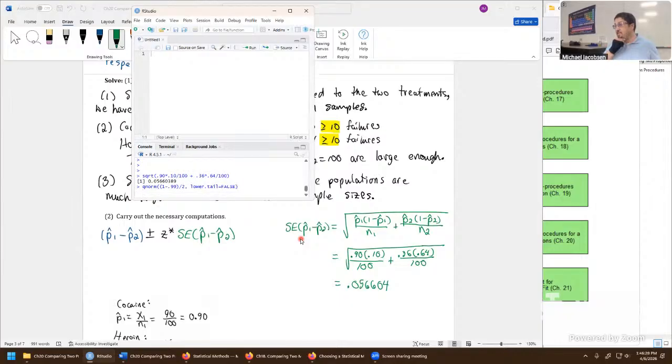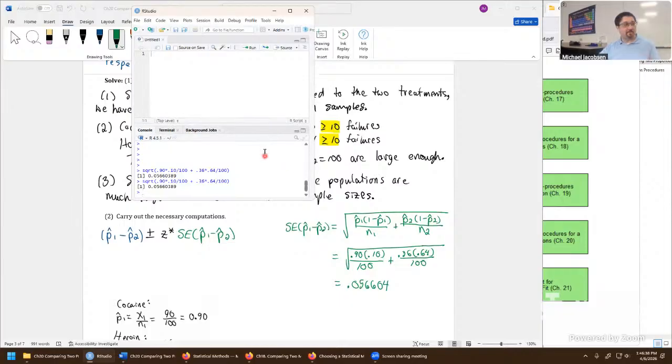And nothing happened. Hang on. That's weird. Let me try again. Something's weird with my RStudio session. qnorm of 1 minus 0.99 divided by 2, lower.tail equals false. Maybe I put in the parentheses weirdly.